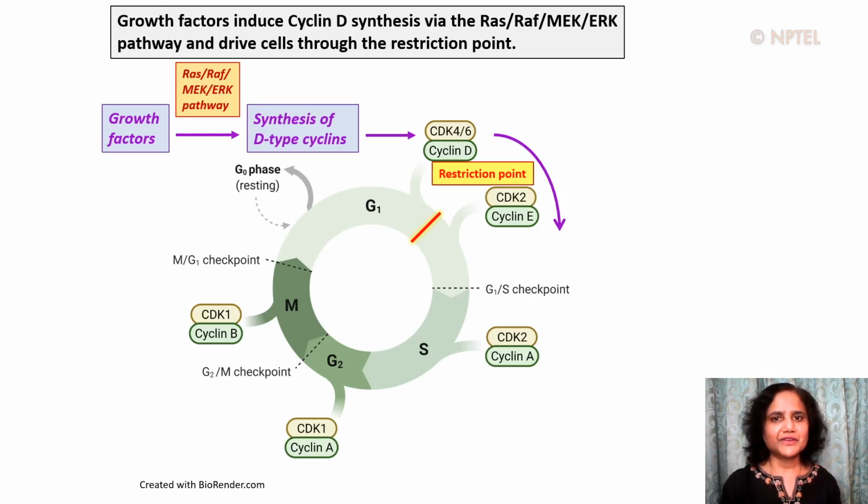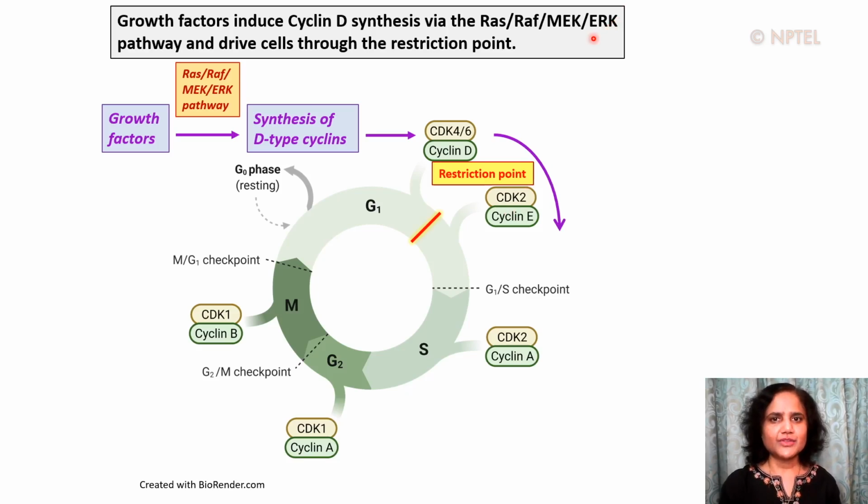Since cell cycle control is disrupted in cancer cells, resulting in their untimely and unrestrained proliferation, let us revisit cell cycle control. Shown here are some key regulators of the cell cycle transitions. In animal cells, there are many CDKs or cyclin-dependent kinases.